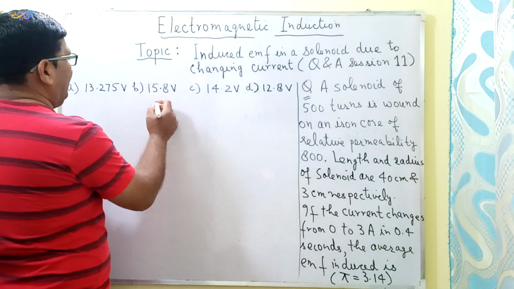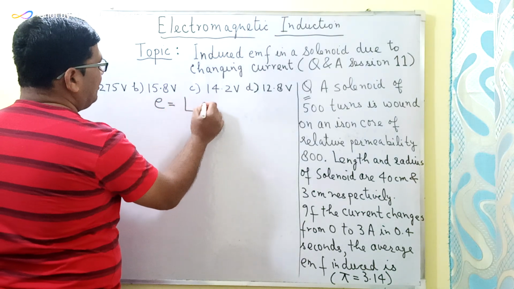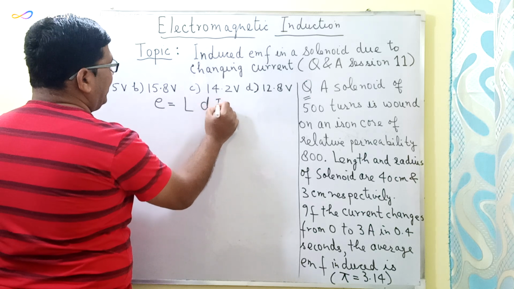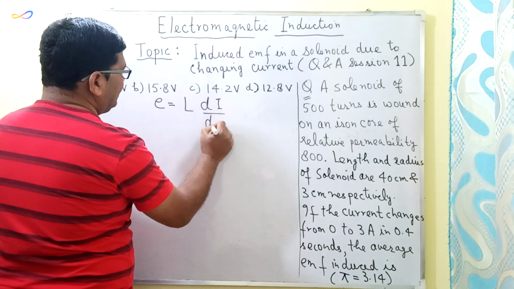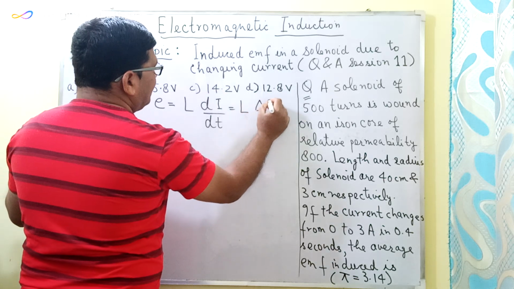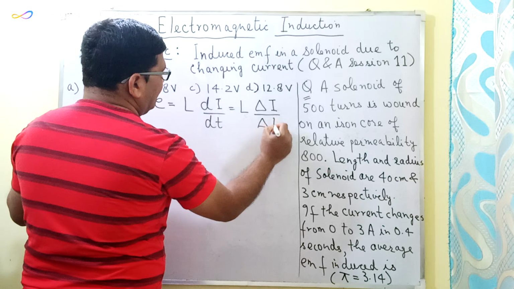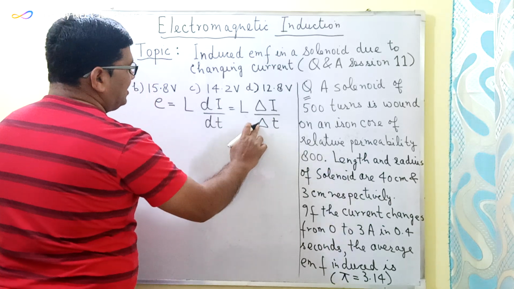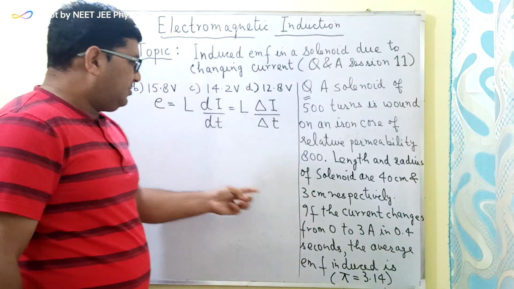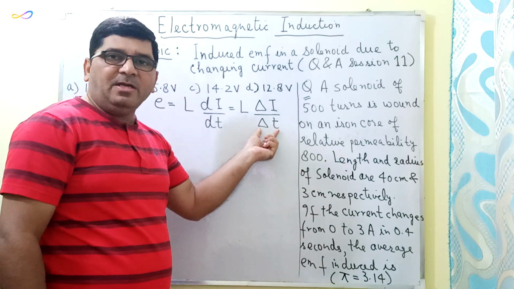So in session number 9 we have seen that the induced EMF is equal to L di upon dt, and this can also be written as L delta I upon delta t, where delta I is the change in the current in the time interval delta t.